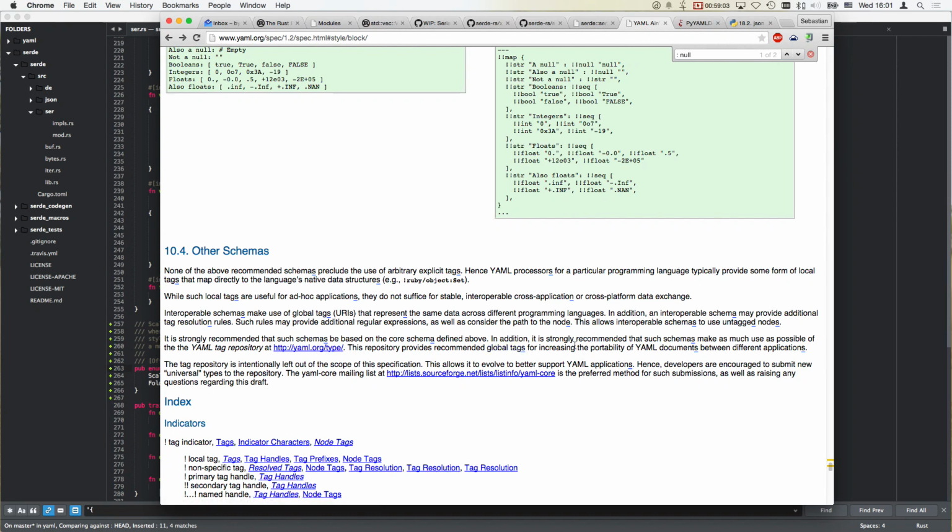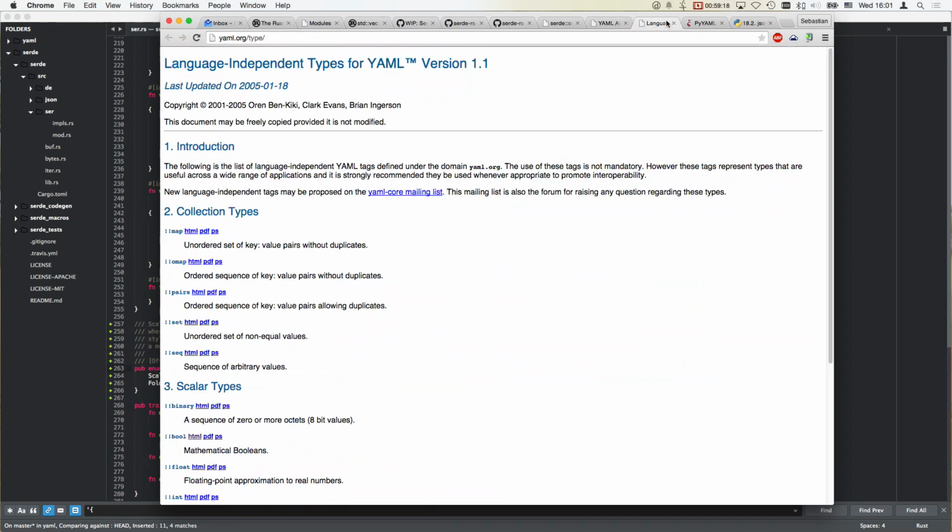In addition, it is strongly recommended that such schemas make as much use as possible of the YAML tag repository. This repository provides recommended global tags for increasing the portability of YAML documents between different applications. Yeah, so supporting this, I think, is super important.